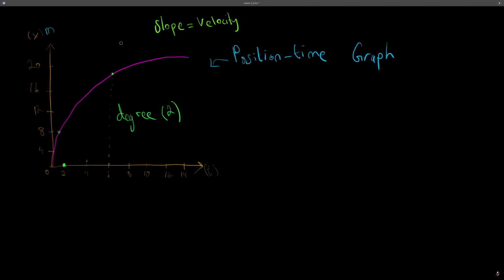Well, there's a simple method, and it's by drawing a tangent line. A tangent line is a line that intersects any curved line at only one point. In this case, it would be the t equals 6 point. So we draw a tangent line here.